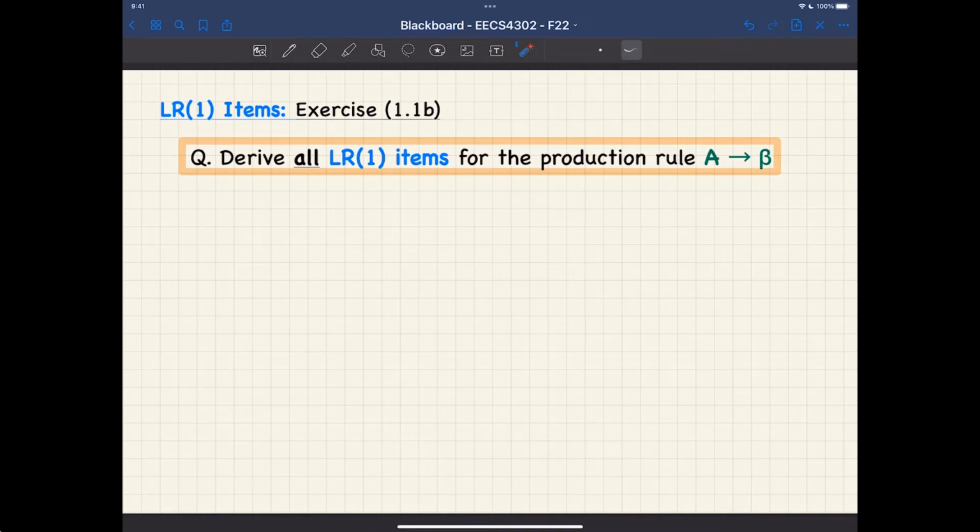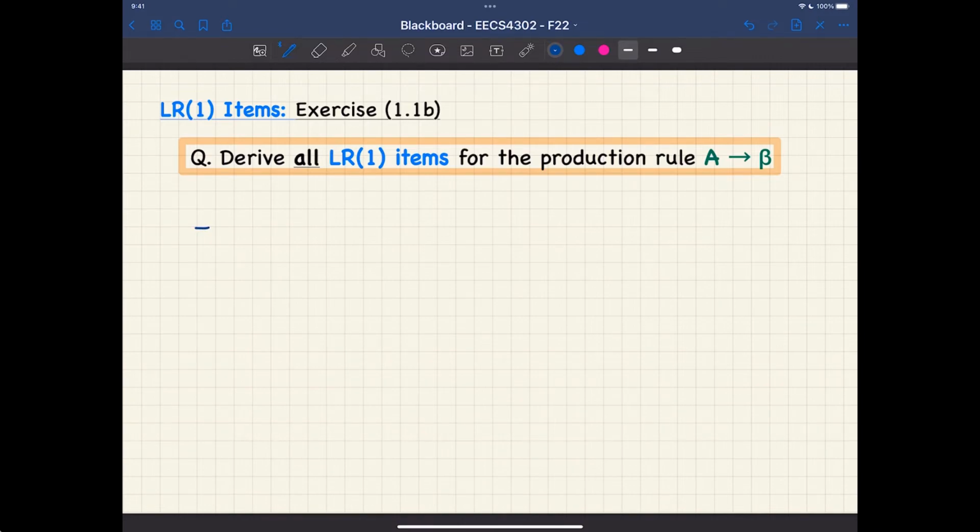And the question is, we want to derive all the LR1 items for this. I can tell you that you cannot, because we don't really know exactly what beta is, so we can only try to use maybe a formal notation for that.